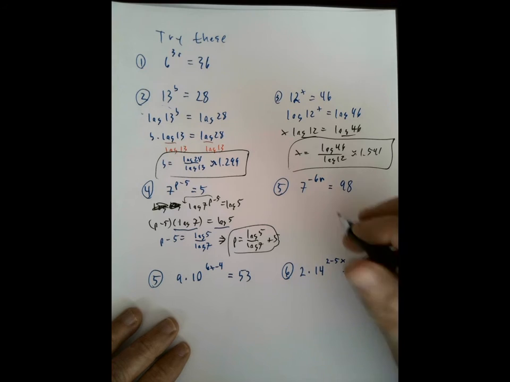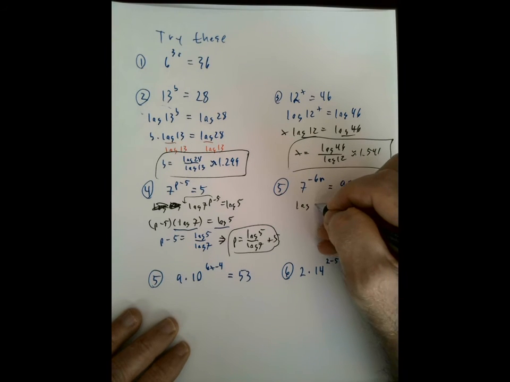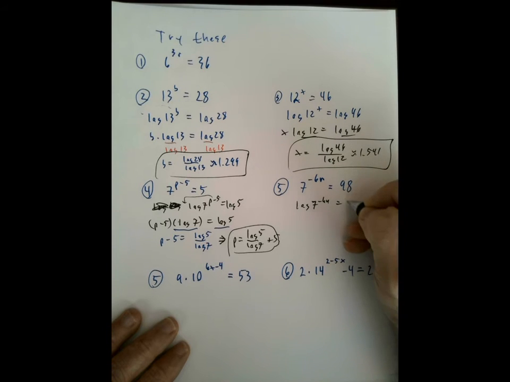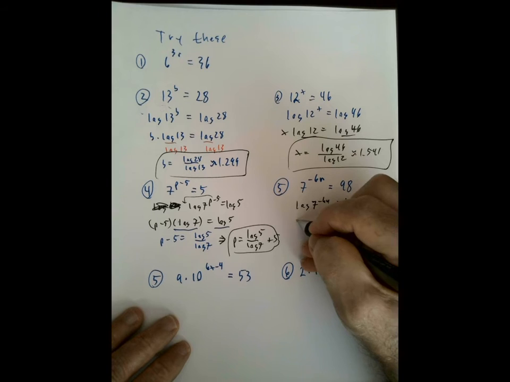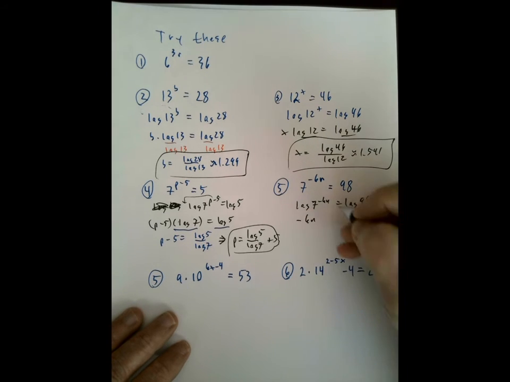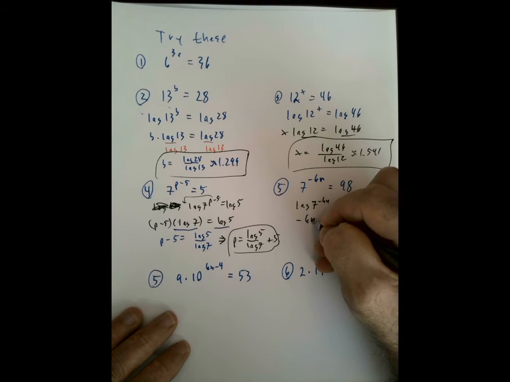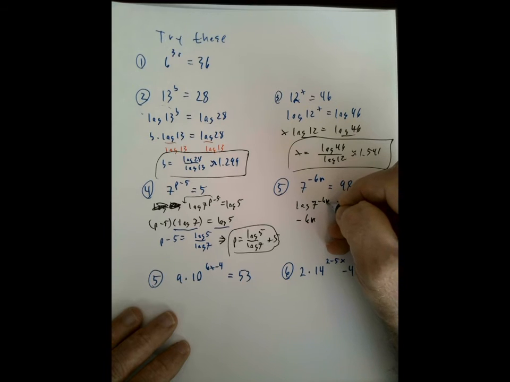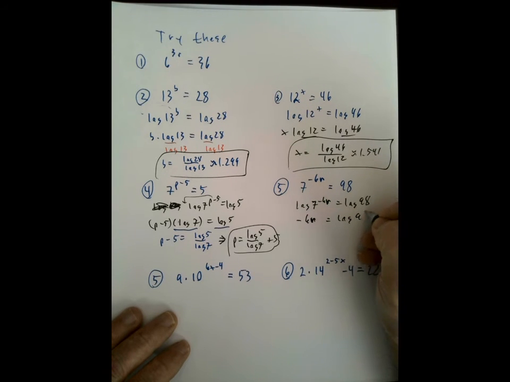Okay? So here we log both sides, log 7 to the negative 6r, log 98, okay? Negative 6r comes out to the front. Oh, it's 6r. It's supposed to be an r, sorry.